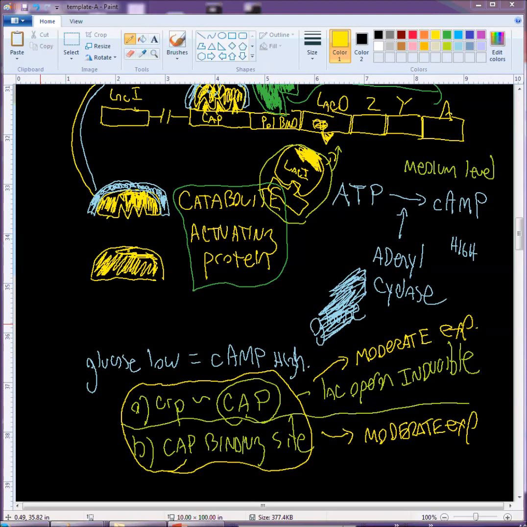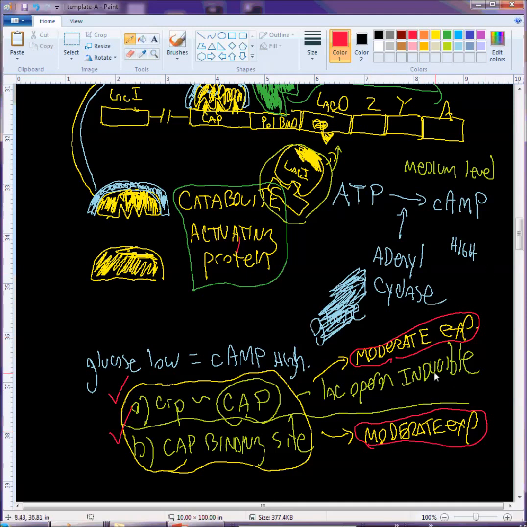I should add that the answers in the study guide for both of these cases are similar to mine, but not quite the same. The author of the study guide says that inducibility will be compromised in the first case, and reduced in the second case. Essentially, it's the same thing as what I'm saying here, where we would see moderate expression in the presence of lactose.